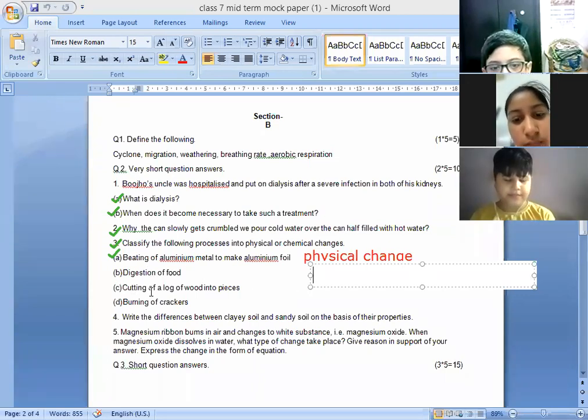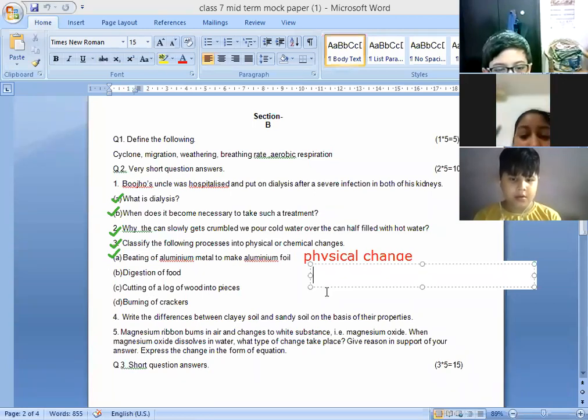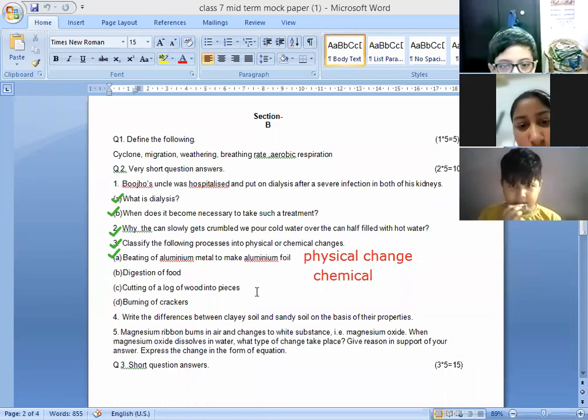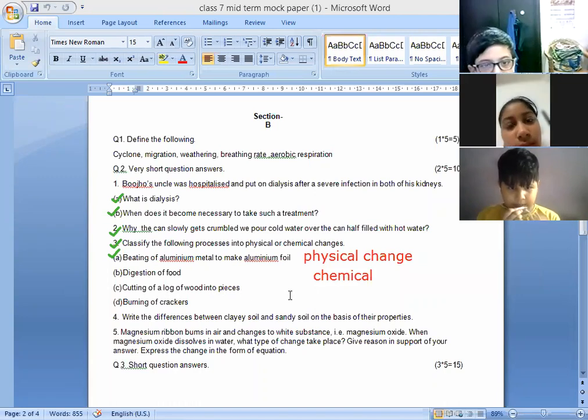Next is cutting of a log of wood into pieces. Yes, Praveen, can I have the answer? Cutting of a log of wood into pieces.